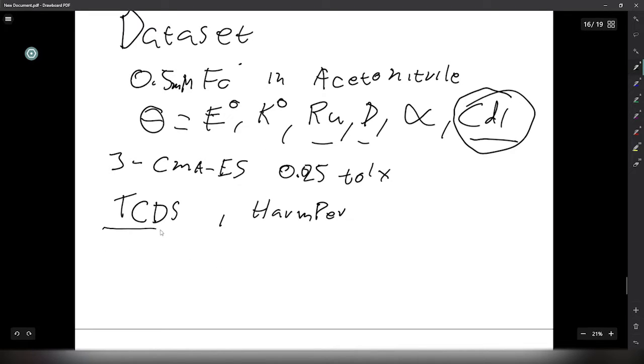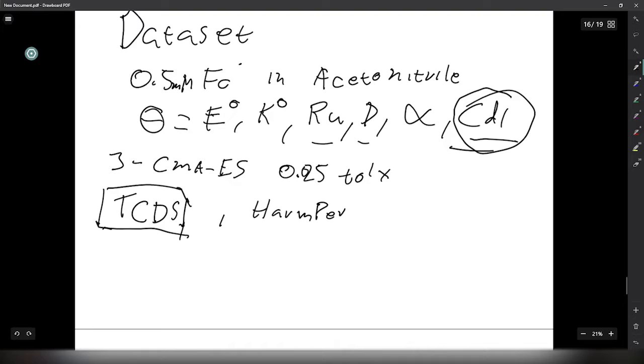I strongly advise using TCDS in this case, mainly because your double layer capacitance is going to show up in your DC component, your AC component, and your second harmonic. If you're doing anything with capacitance, I strongly advise TCDS, just because it only requires a single experiment. It gives a good fit.